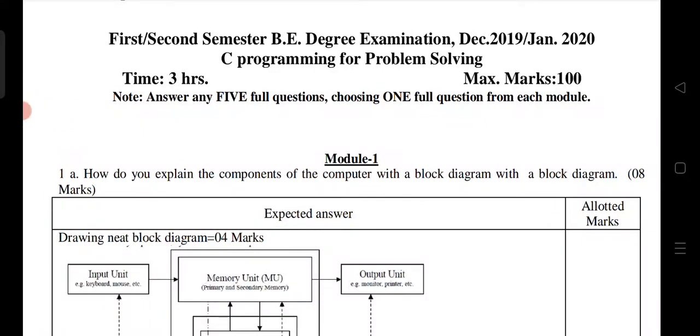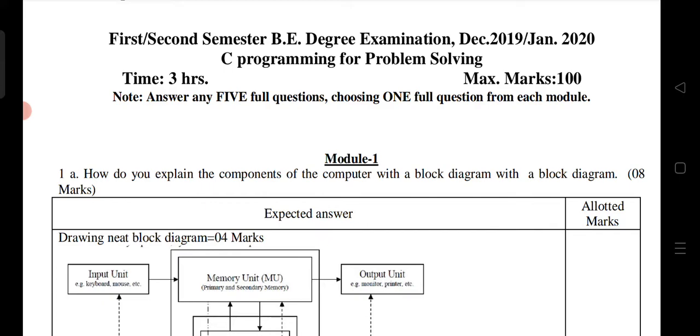Here I am going to discuss what answers the student has to write for the VTU final examinations, and what answers the university will expect from the student during the evaluation of the final exam answer scripts.